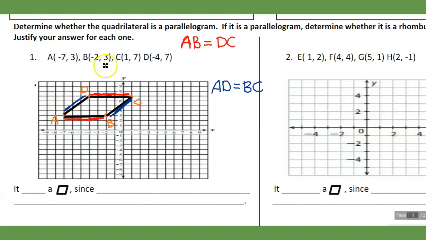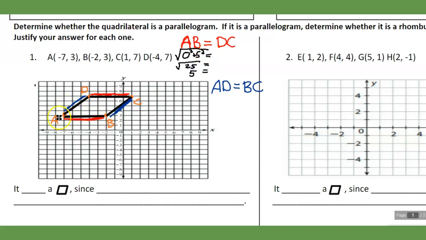So finding the rise and the run to throw into the distance formula. From A to B, the rise is 0, right? The run is 1, 2, 3, 4, 5. So for the distance formula, that's going to be 0 squared plus 5 squared, which by no surprise is just the square root of 25, which equals 5, which we could probably figure out just by looking at the graph, right?